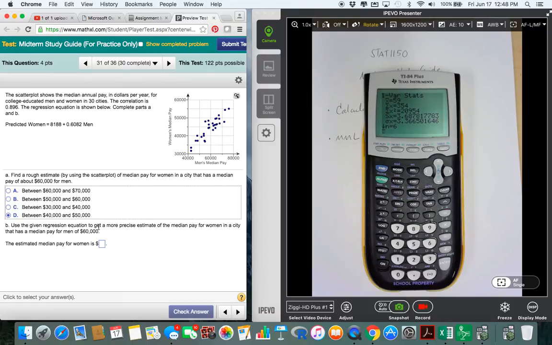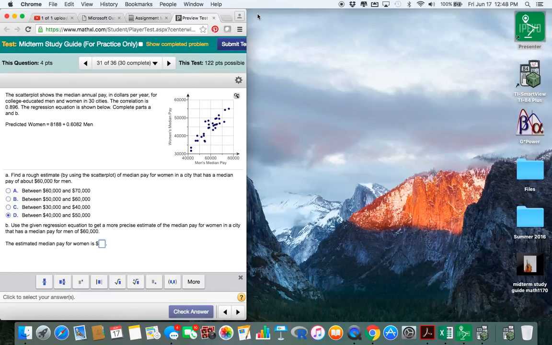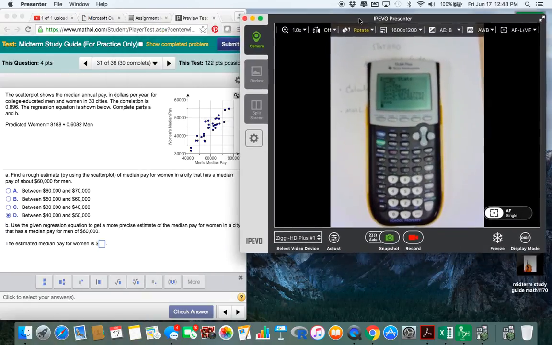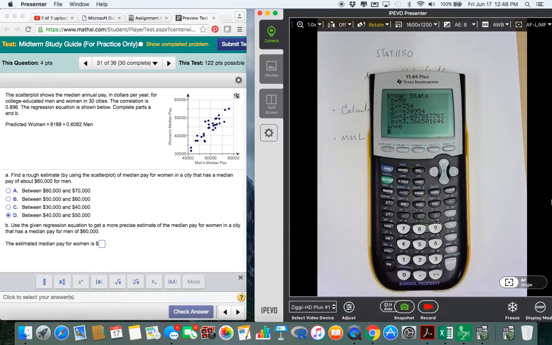Using the given regression equation, get a more precise estimate. So now we can put the 60,000 in our regression equation. Well, I'm going to have to get that fixed. That jumping around is kind of crazy.